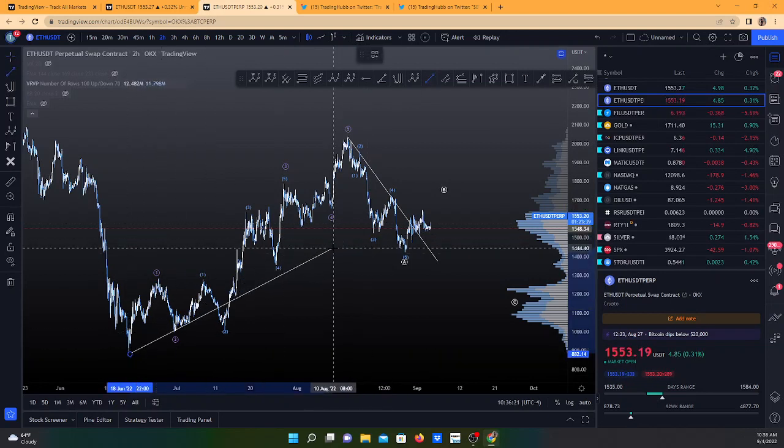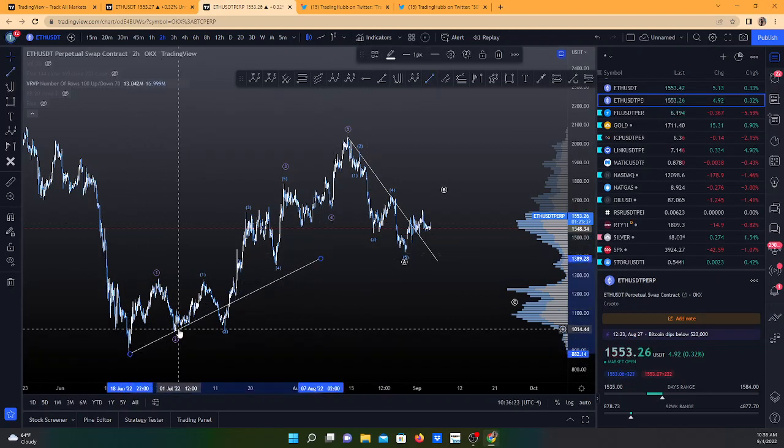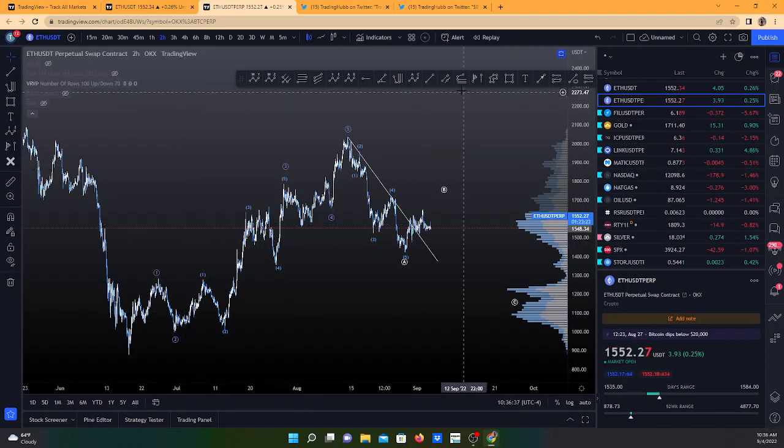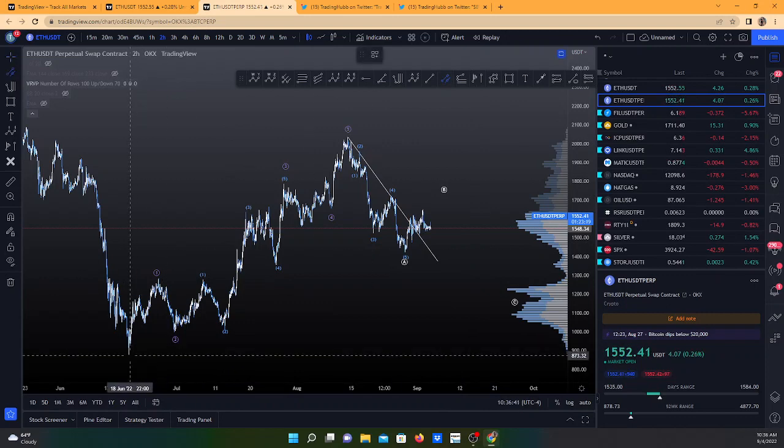Also, the second 2 breaks the 1-2 base channel trend line, which is also not something you want to see, but it does not invalidate, and it gets quickly back above. So that is the biggest issue with this count, and I think that is probably the only issue with this as an impulse. It channels great.